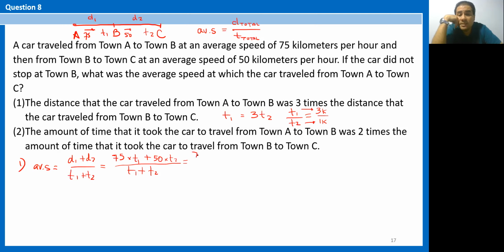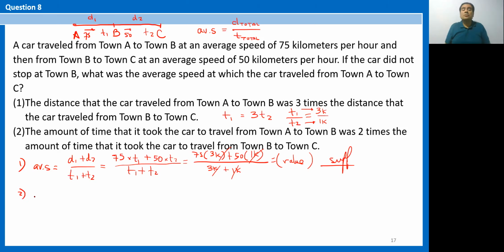So it would be 75 multiplied by 3k plus 50 multiplied by 1k, divided by 3k plus 1k. So you can see you can quickly factor the k's and cancel. So what yields is a unique value, and that would be sufficient to answer the question.